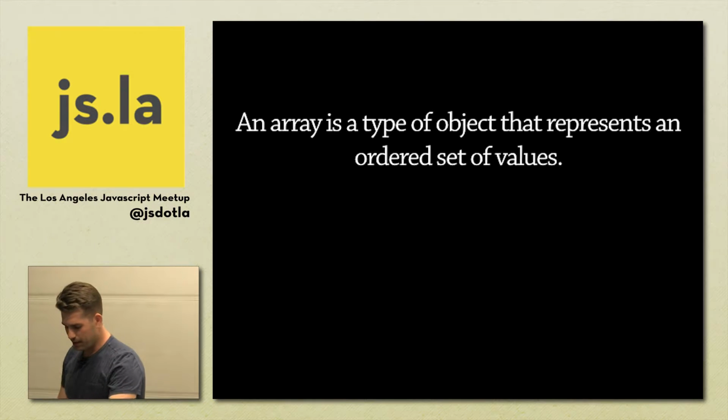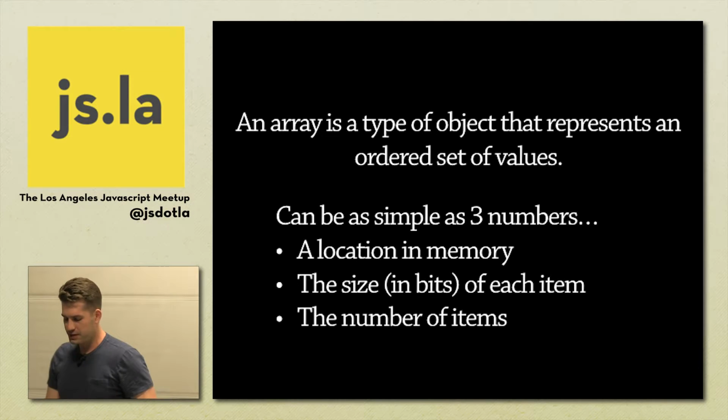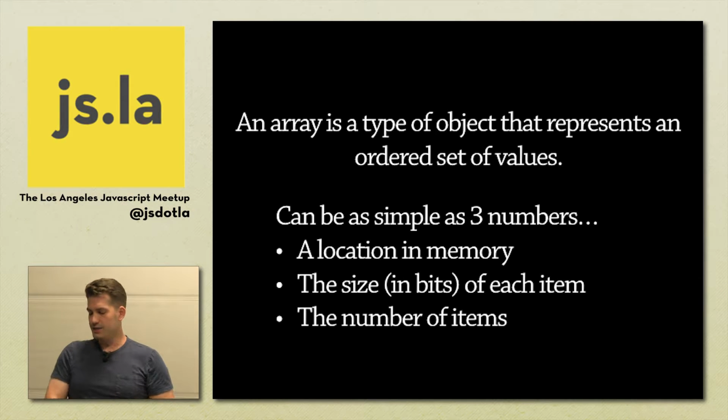In JavaScript, arrays are basically objects also. They use an ordered set. This could be as simple as just 3 numbers: the location in memory, their size, and the number of items that you have. Lower level languages will sometimes ask you to specify how many items are in the array, whether you know or not.